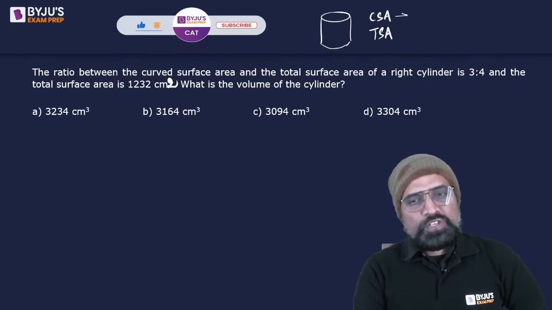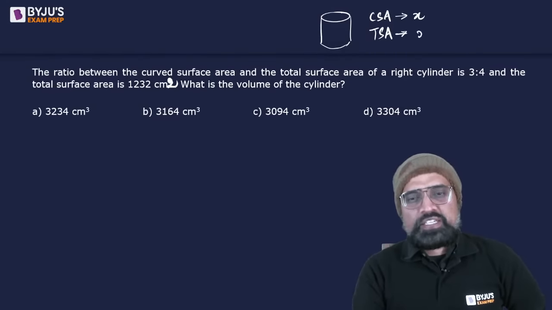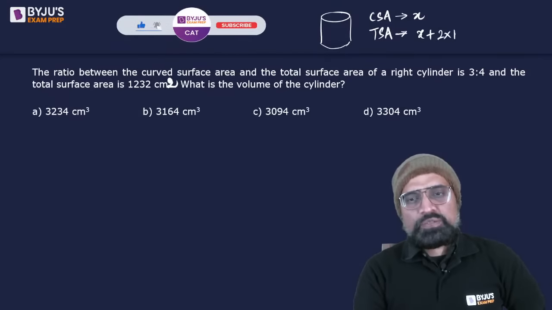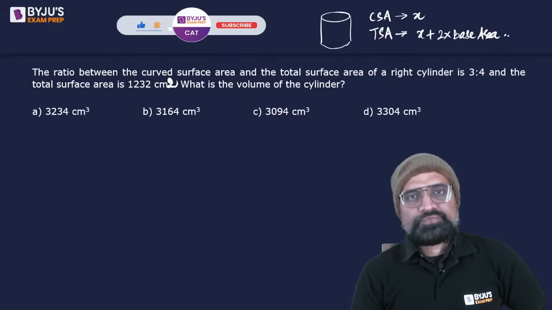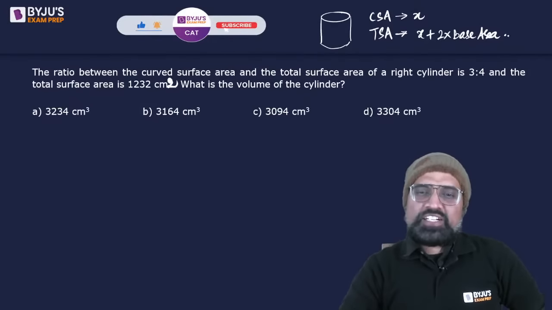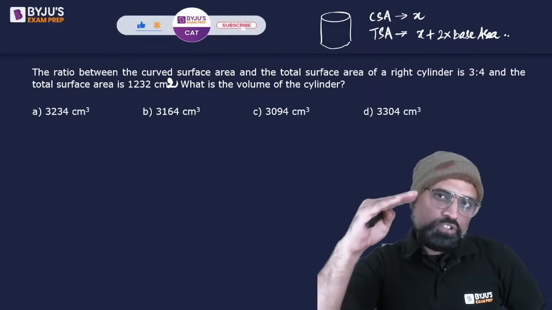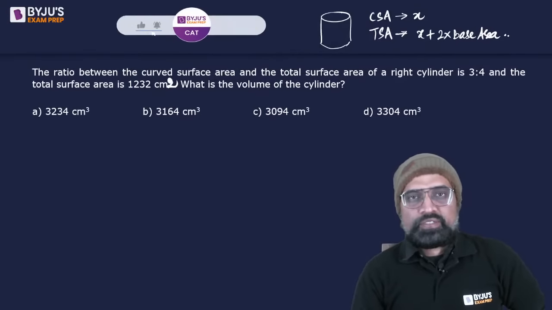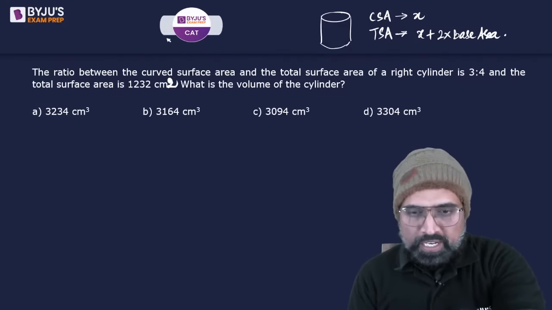If curved surface area is x, let's say, then can we say total surface area is x plus 2 times base area? बोल सकते हैं ना अपन? As in the gap or the difference between curved surface area and total surface area is actually the circular base on the top and circular base at the bottom. So that's the only difference. ठीक है. So we can use that to solve.